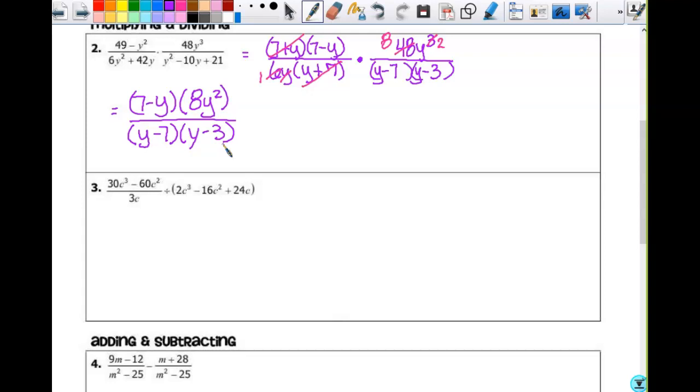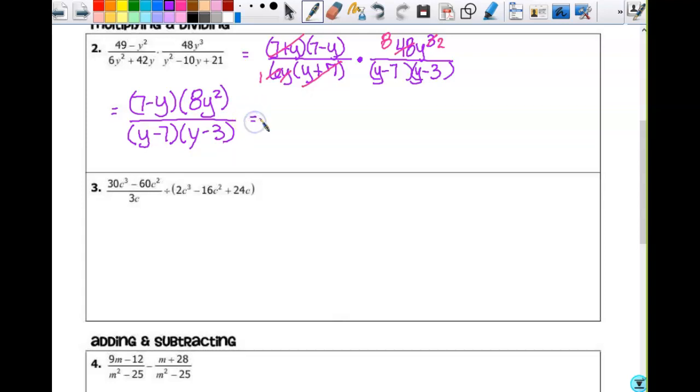7 minus y and y minus 7 are not the same thing. However, is there something I can do that is mathematically legal that would make them look the same? I can change the signs. How do I do that legally without just willy-nilly changing signs? What could I do to it that would make my signs change? Exactly, I could factor out a negative 1.